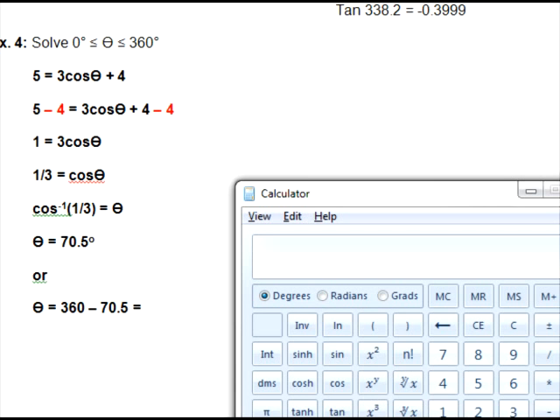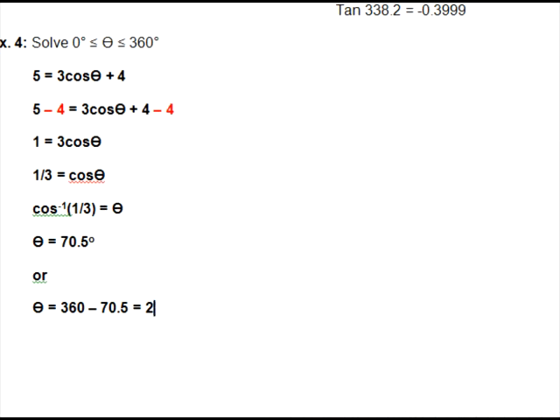Oh goodness, sorry. That's 289.5. So if you type in either of those angles, you should get an answer that works.